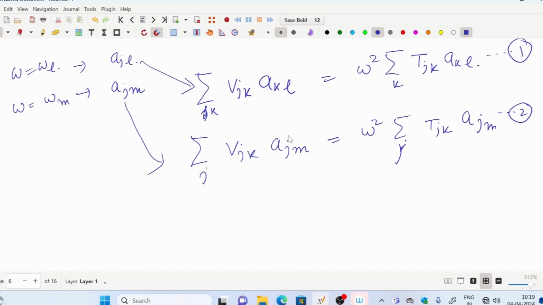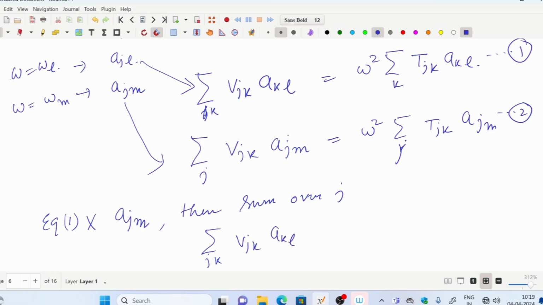Now we will play with these two equations. If we multiply equation 1 with A j m and then sum over j, we obtain from equation 1: sum over j and k, V j k A k L A j m, equal to omega L square sum over j k T j k A k L A j m. So, let us denote this as equation 3.